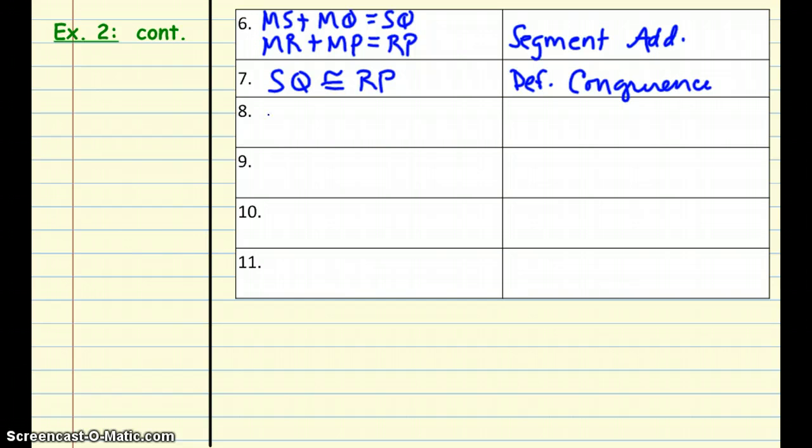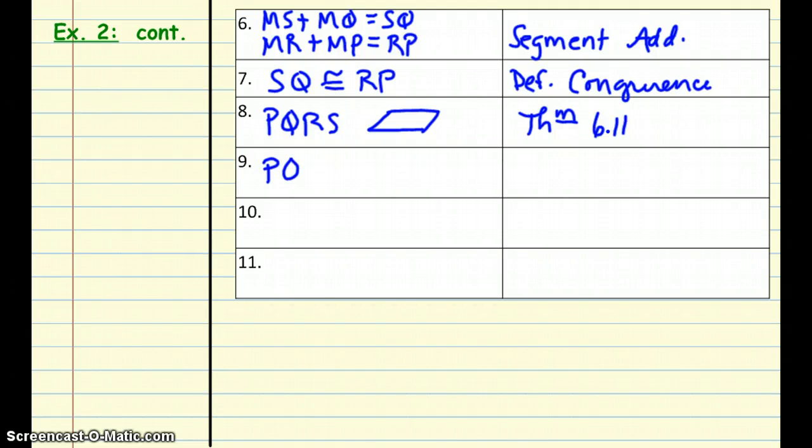So in number 8, we can say that PQRS is a parallelogram, and that comes from theorem 6.11, which says if the diagonals bisect each other, then we know it is a parallelogram. Then in number 9, we can say that PQRS is a rectangle, and that's from theorem 6.14, which says if the diagonals are congruent, then it's a rectangle.